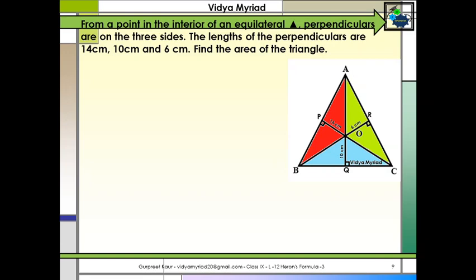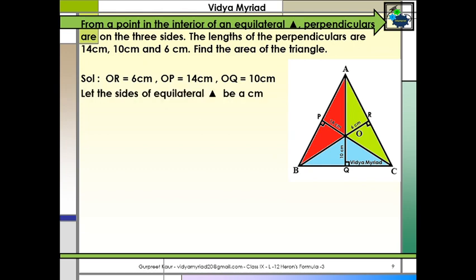If you see, you don't have the sides, you have only the perpendiculars. So what I am going to do is, I will assume the sides as A. Okay, let the side be A centimeters and I have the perpendicular everywhere. So separately, if you see all the colors red, green and blue, I will calculate their area by using the formula half base into height separately.